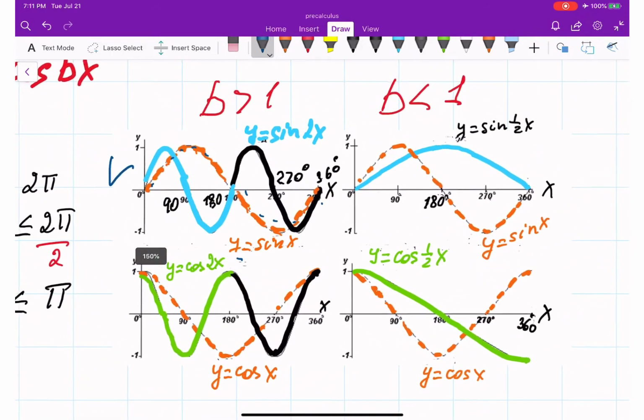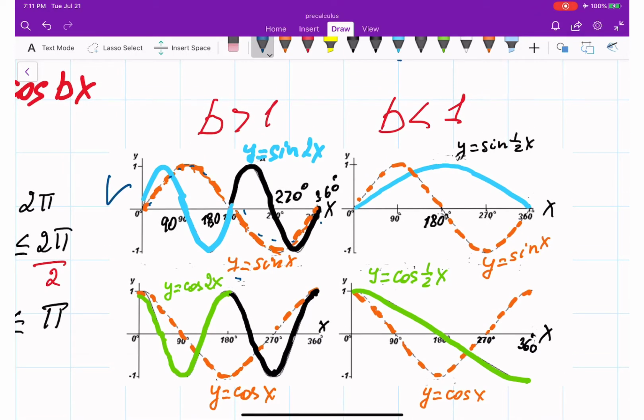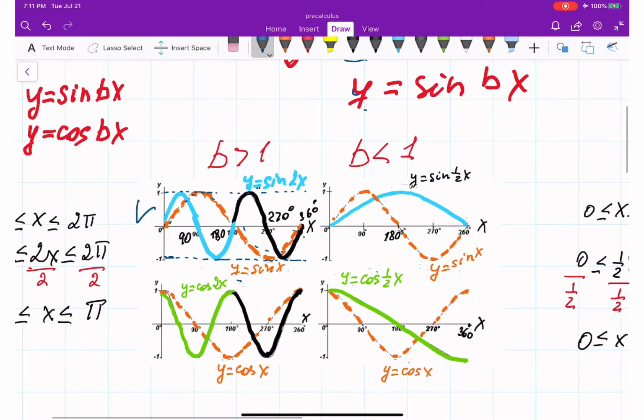This is our sine x with amplitude equal to 1. And obviously it runs from negative 1 to 1 based on the unit circle, right? Phase shift is 0. That's why it starts from 0.